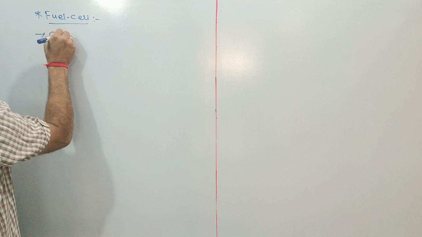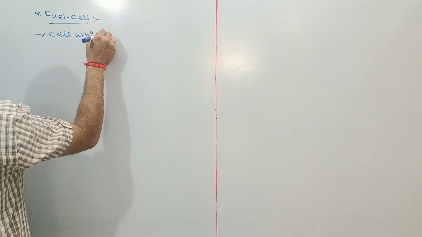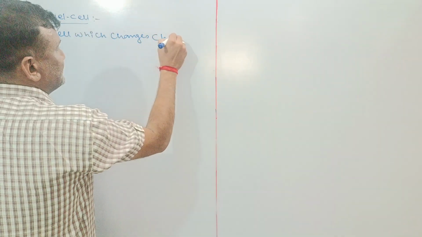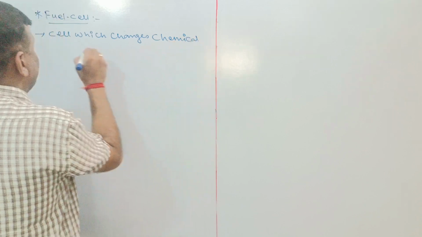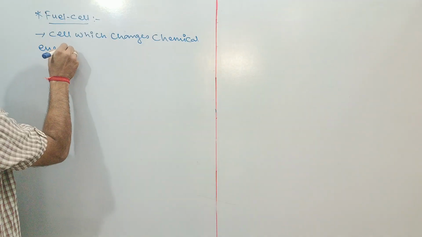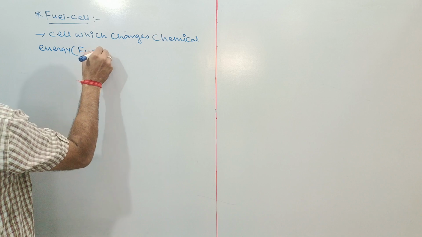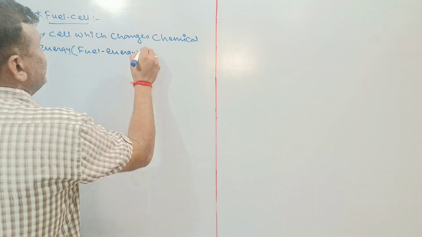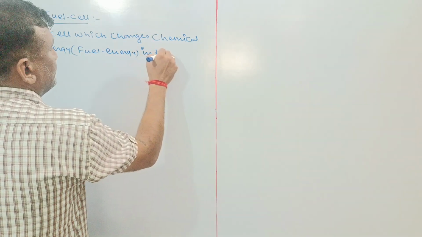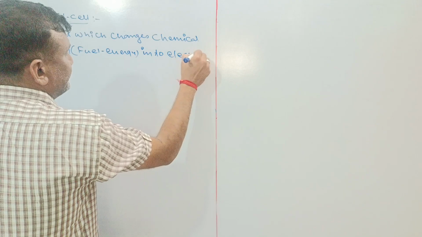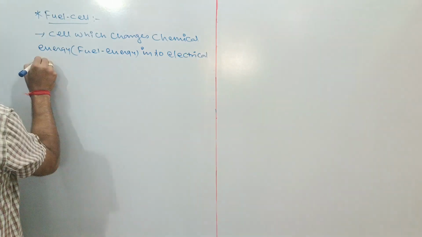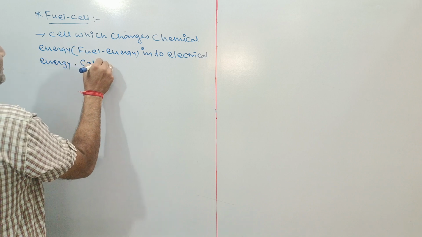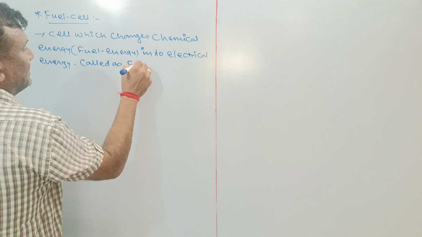A cell which changes chemical energy, and here the chemical energy is in the form of fuel, so we can say chemical energy or fuel energy, into electrical energy, is known as a fuel cell.